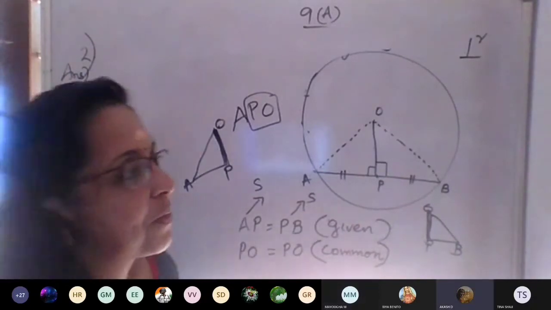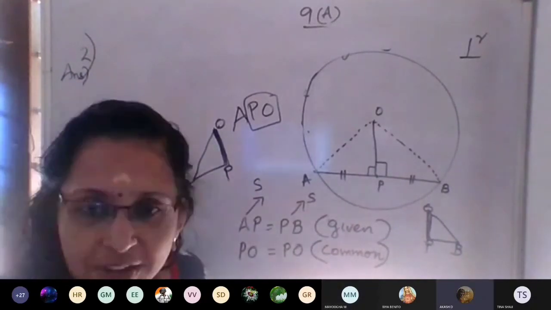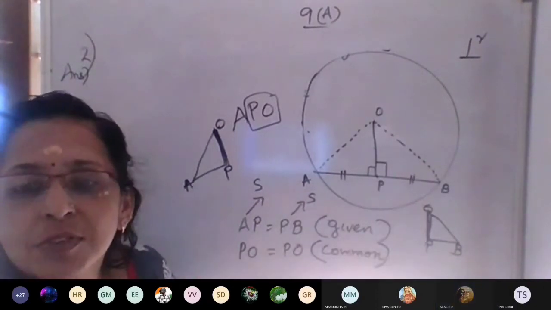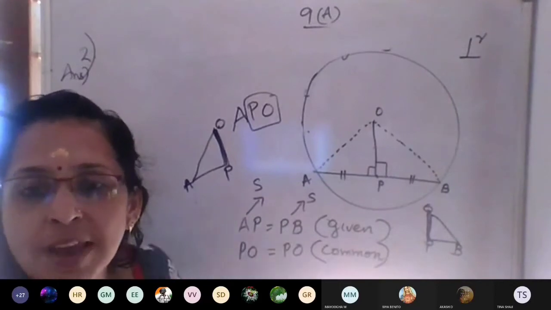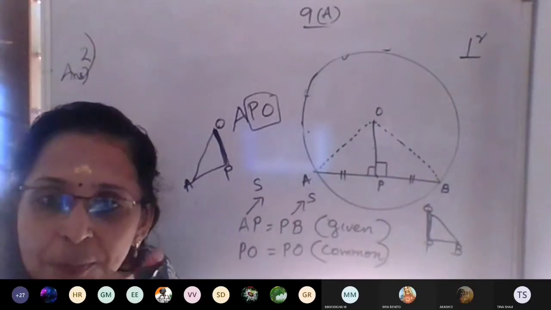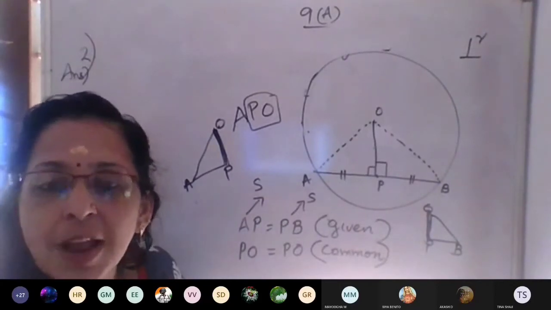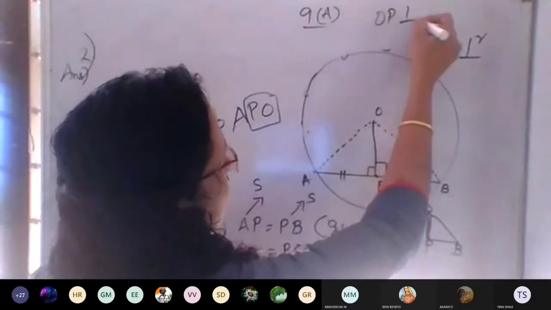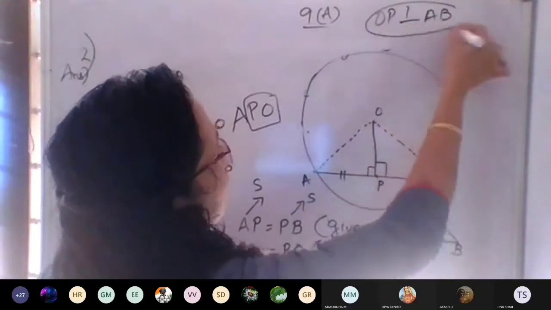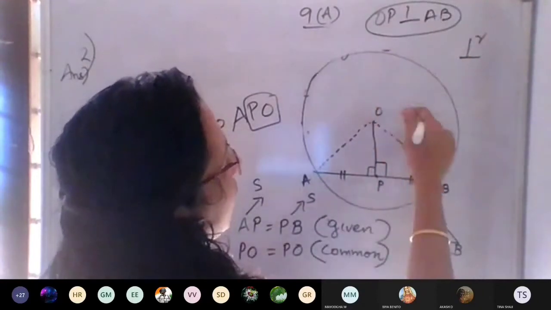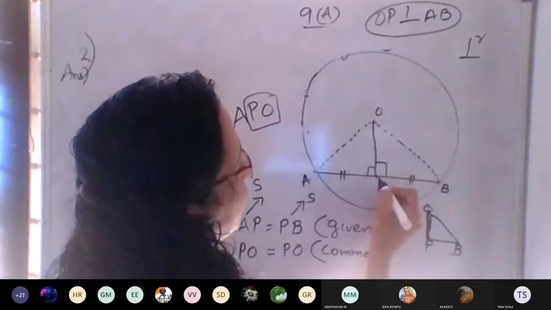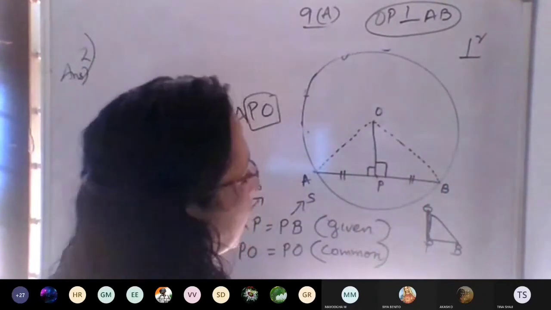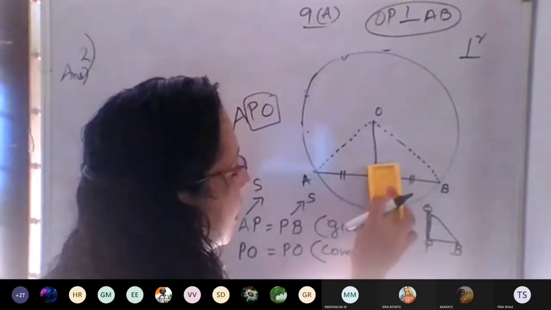But we want to show OP is perpendicular to AB. Very good, Akash. That means we have to prove that. So how can we write it as 90 degrees? We have to prove OP is perpendicular to AB, which means we have to prove angle P is 90 degrees.